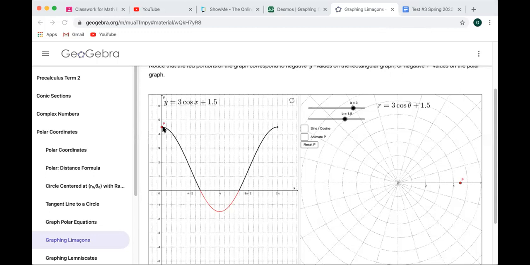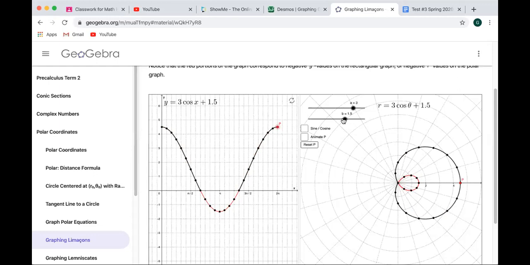Okay, very good. I see a lot of people said it rotates. And that is what ends up happening, because a cosine curve starts at its high point, and then the inner loop is going to happen at its low point. So the inner loop happens that way. That's what happens when you change sine to cosine. It basically rotates 90 degrees.